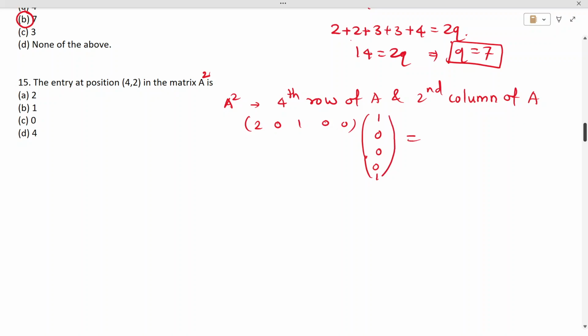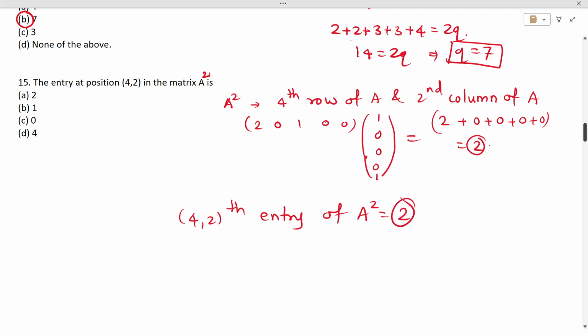So what is the multiplication? 2 into 1, 2 plus 0 plus 0 plus 0 plus 0 is equal to 2. So the (4,2) entry of A square is nothing but 2. 2 is given in option A. So option A is the correct option.